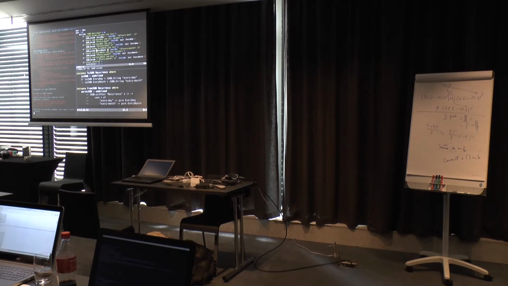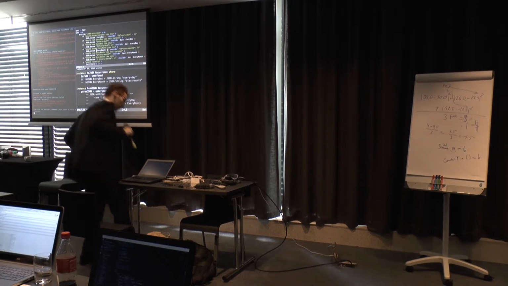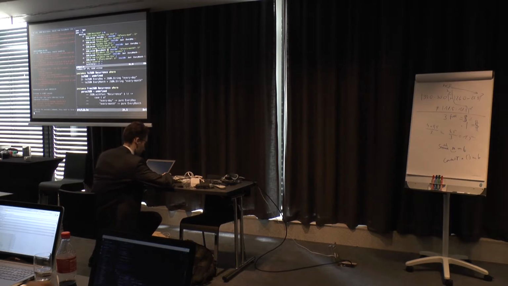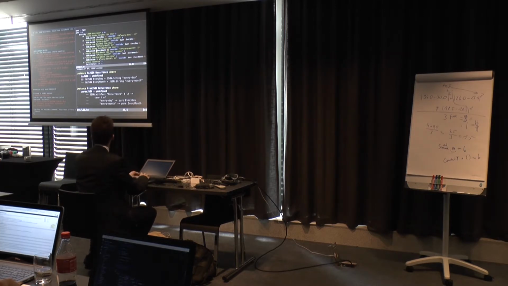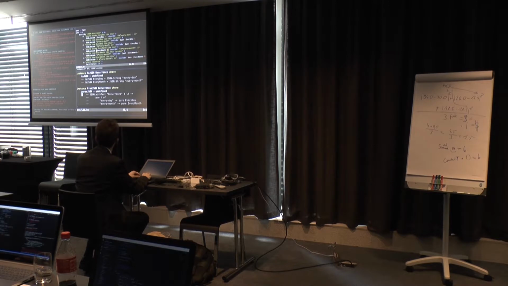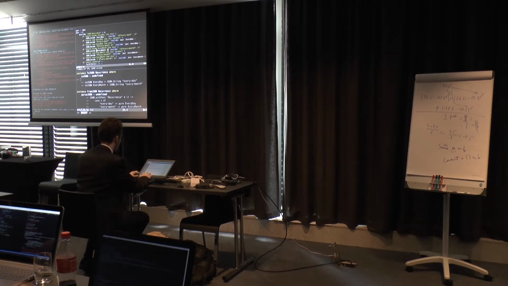A few hints about the way you write these serialization functions. For writing JSON, there's a helper function to write that. It's called object. And it uses these pairs.